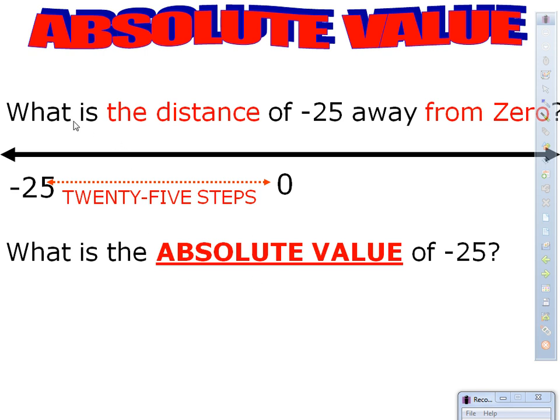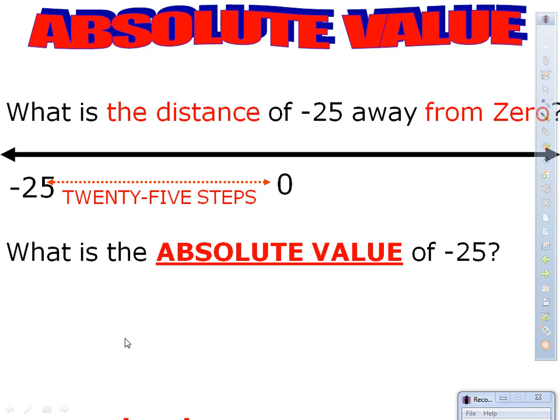So the distance of 25 from 0. Another way of saying that is, what is the absolute value of -25? Because what do we know about the absolute value? It's the distance of a number away from 0. So what's another way of writing this? We know the symbols, don't we? Two parallel bars, and inside that's -25.